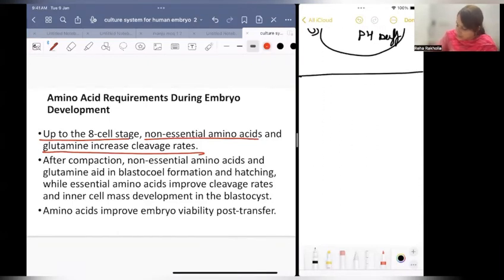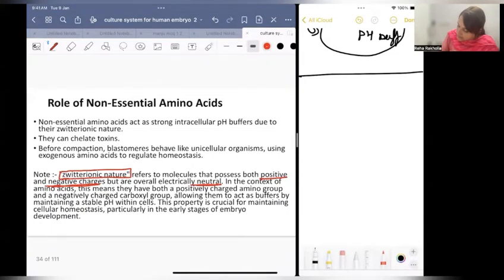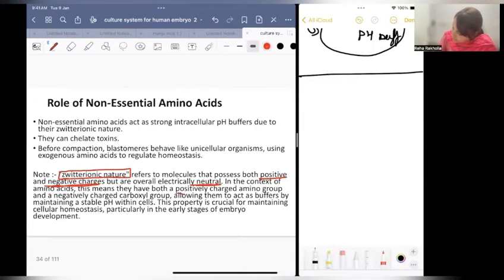Now we'll talk about the role of non-essential amino acids. It is zwitterionic in nature, meaning it can act as both positive and negative charges, but overall it is neutral. It has a positively charged amino group and a negatively charged carboxyl group, so it acts as a buffer.